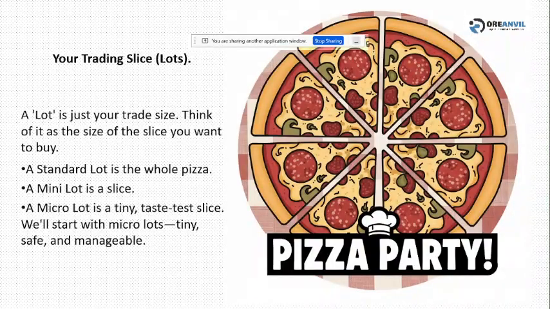The third way to use your lot is called the micro lot. It's like a tiny taste from your slice. So you have a full pizza of 8 slices, then you take one from it, and you now have a slice from it. That means even in that one you still have enough to transact with the market.